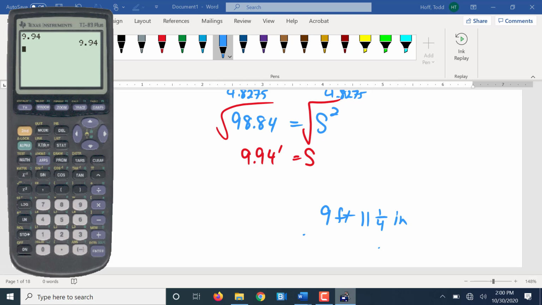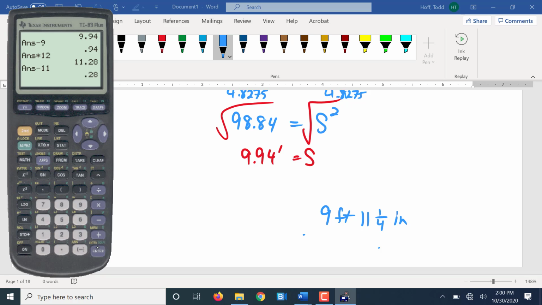So let's check it out. The way we would do that with our calculator, if we have the 9.94 in there, the 9 whole feet we're going to take out. So we just subtract 9 to get 0.94. How do we convert 0.94 into inches? Times 12. Good. Gives us 11.28, so that's the 11 whole inches. So again, we just subtract off the 11. And now it depends on what fraction of an inch we want it in.